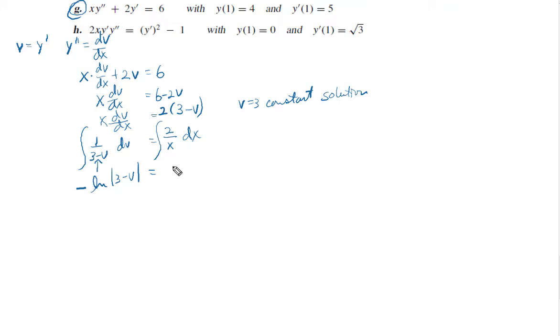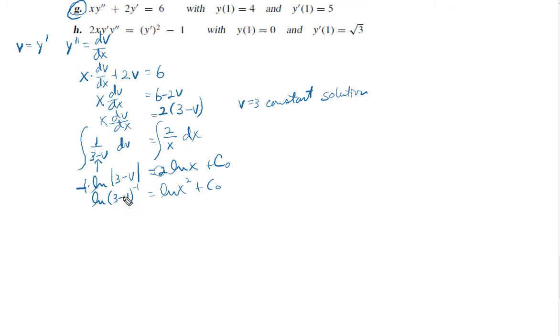On the right-hand side, we get 2 ln of x, and then some constant of integration. Now, we'll move this negative up here to the exponent. That would be the ln of 3 minus v to the negative 1. And we'll move the 2 up here in the exponent, which would be an ln of x squared.